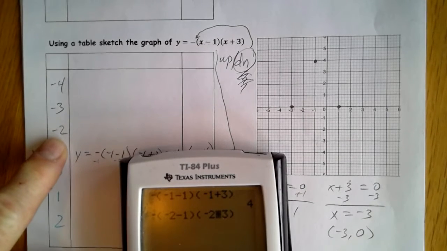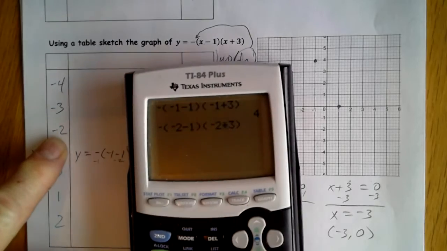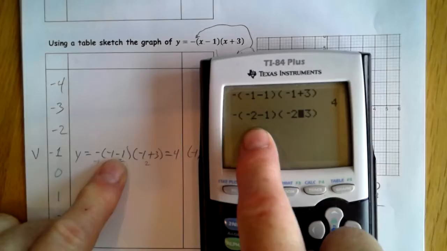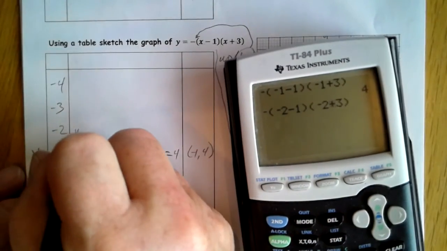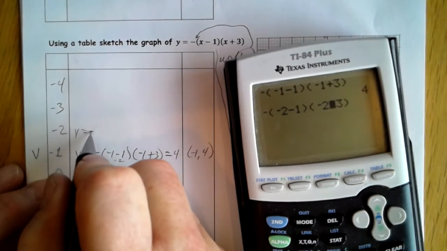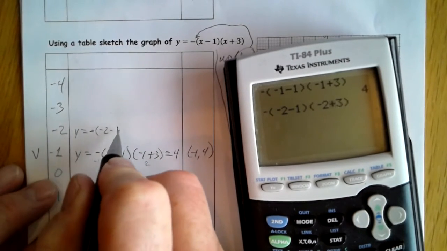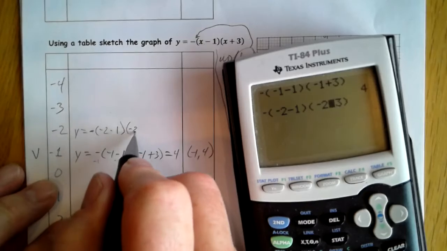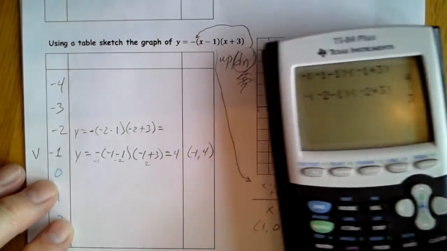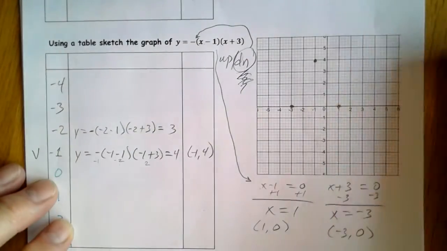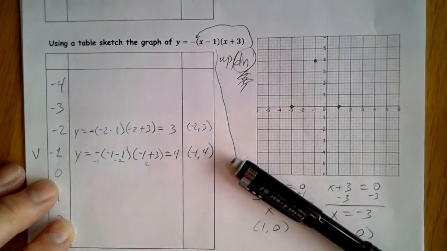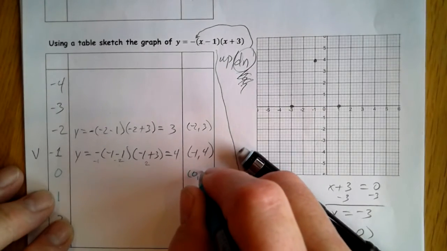If I write it out, it's y equals the opposite of -2 minus 1 times -2 plus 3. I'm going to hit enter, and I'm going to get 3. So (-2, 3), which means this is (0, 3).